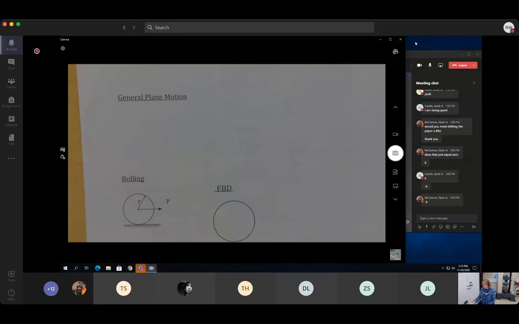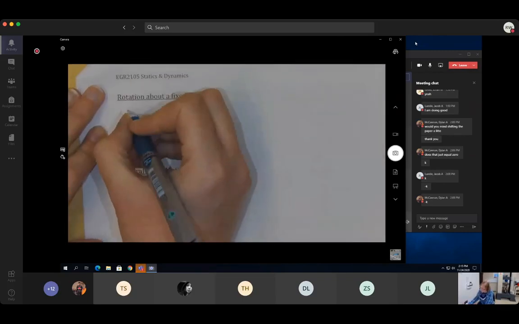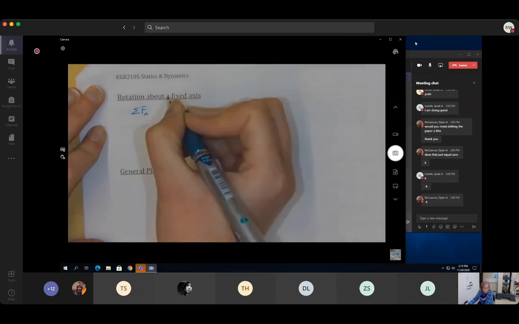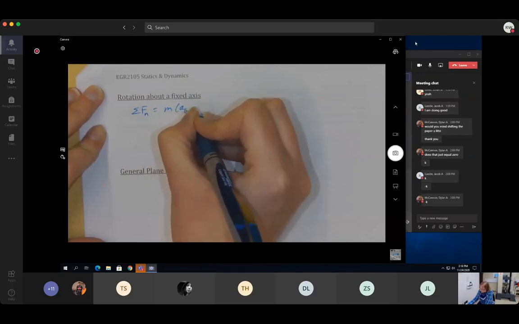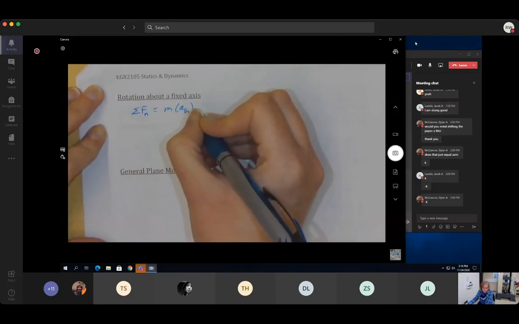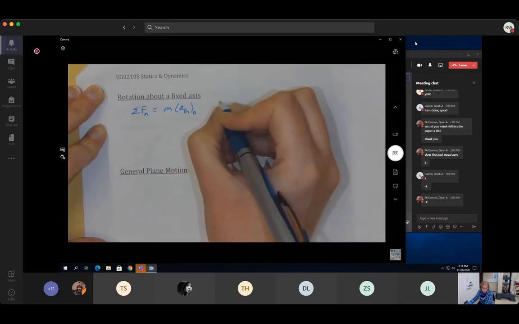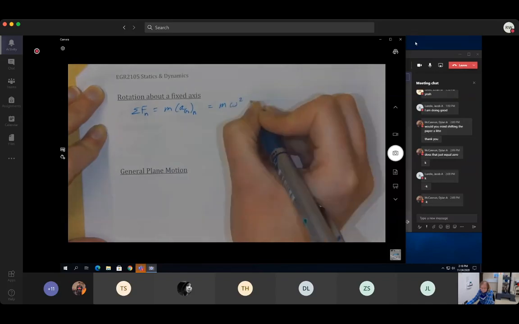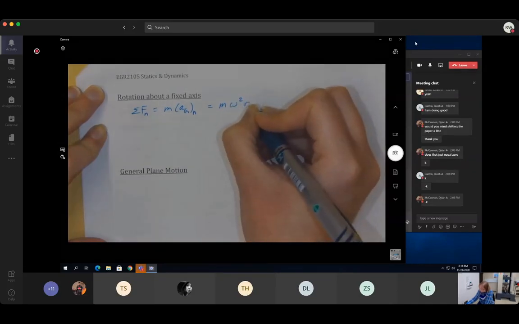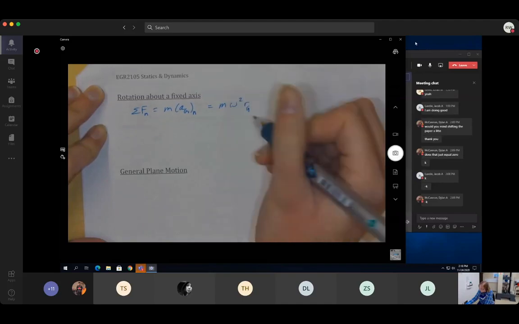Okay, so we're going to look at rotation about a fixed axis. So if we have rotation about a fixed axis, we can sum forces in the normal direction, and we have mass times our acceleration of the center of gravity in the normal direction, and that will have to be equal to m omega squared times r to the center of gravity.